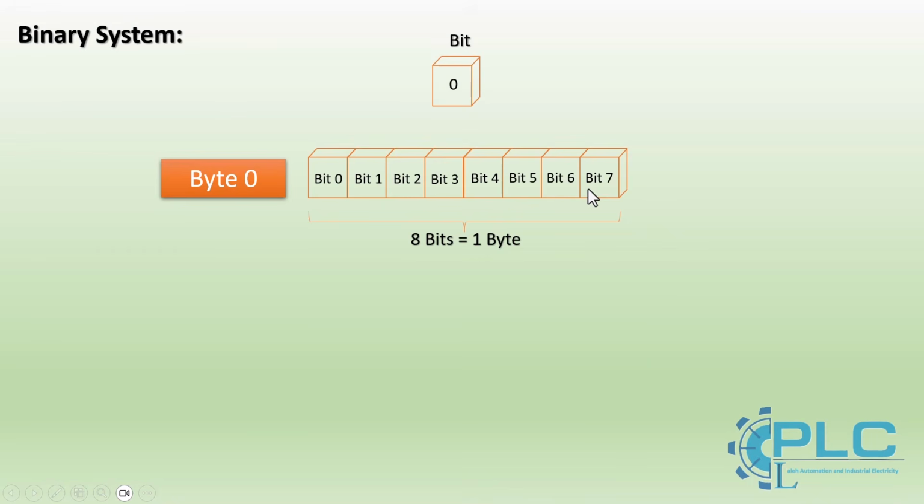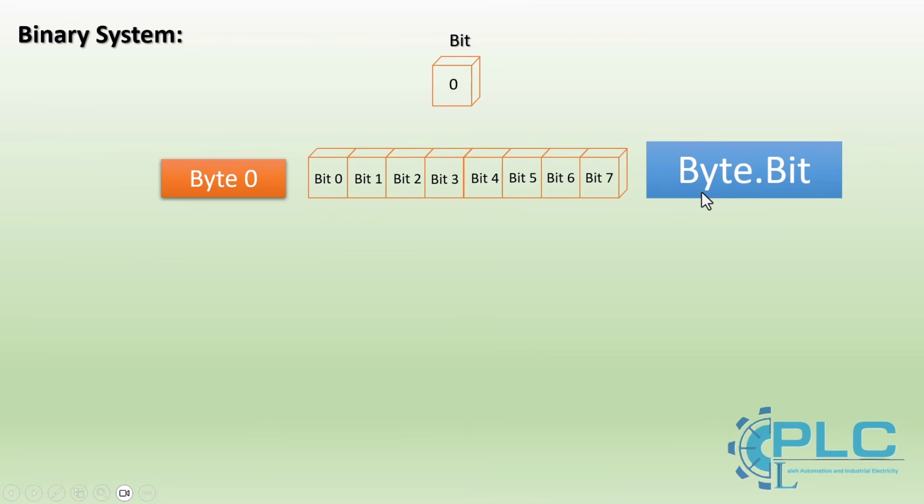Now let's see how we can identify each individual bit within a byte. The addressing is actually very simple. First, we specify the byte address. Then, after the dot, we specify the bit address within that byte. For example, let's look at byte 0.